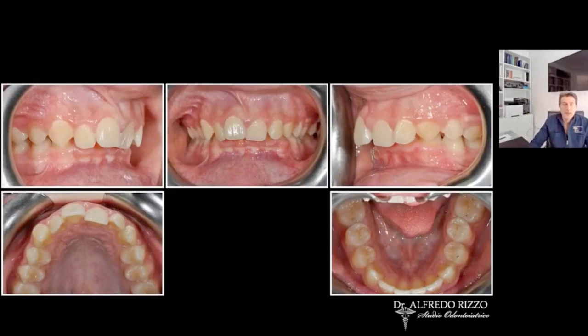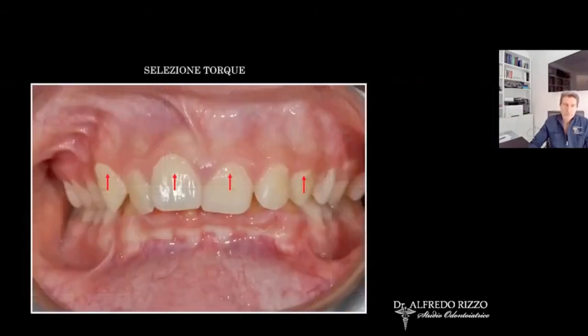The intraoral photographs show a complete class 2. There is a very big discrepancy in the dimensions of the maxilla and the mandible. We have chosen the torque, super torque on 1311 to 321.